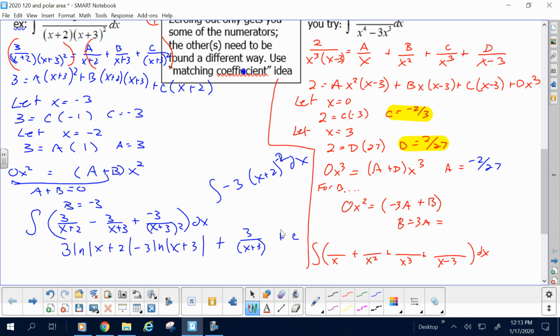I started with x squareds, and there are no x squareds on the left, and there are negative 3a and b x squareds on the right, yay? And no other x squareds. So b is 3a, which means b is negative 6/27. Oh, I could cancel, huh? Negative 2/9. Okay, cool. How did you get the negative 3a?